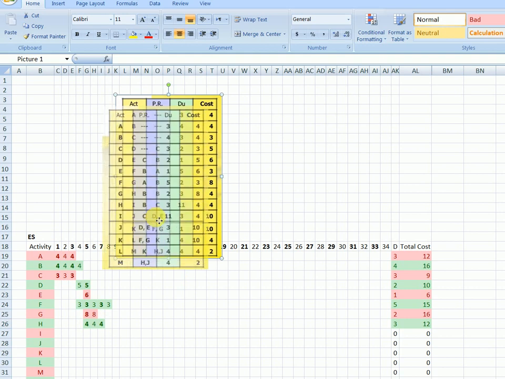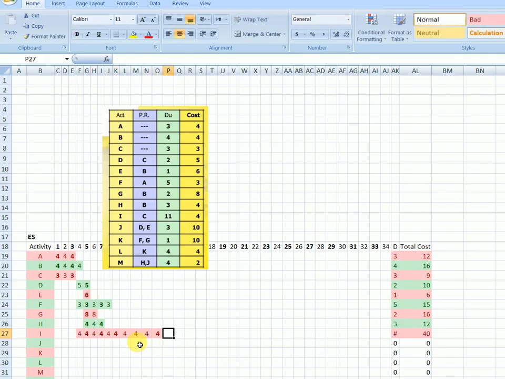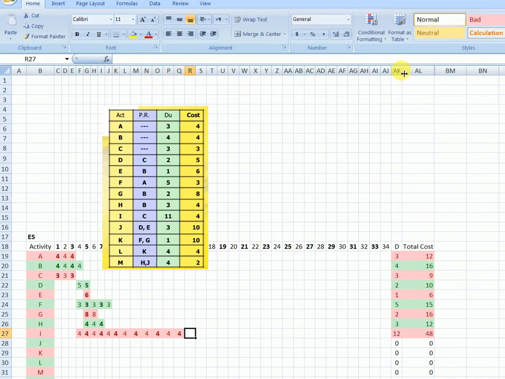I depends on C, so it should start here. 11, but I'll put 1 extra.